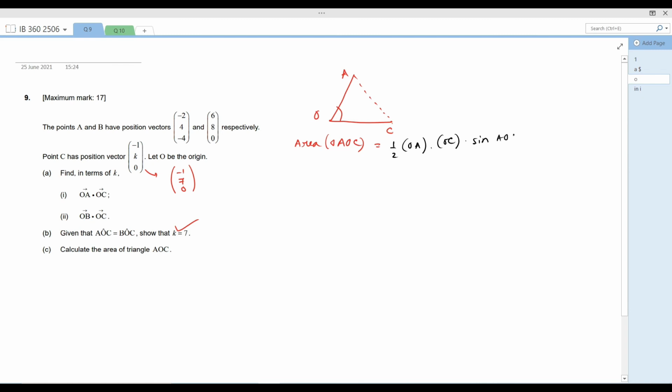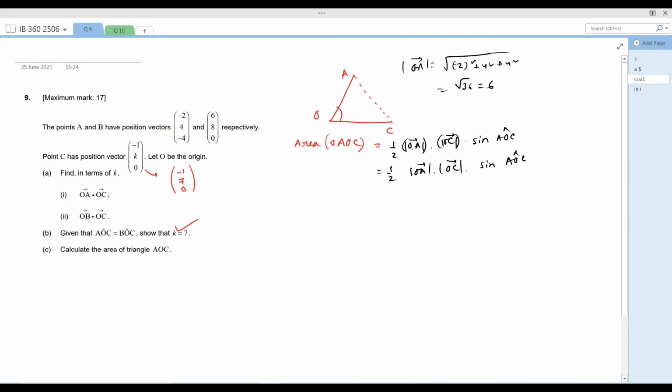Now these are the magnitudes, always remember these are the magnitudes or values we need to find out. So ultimately it is half mod OA into mod OC, then sine of angle AOC. Now for OA and OC we need to find out the value. So OA we have already calculated, that is root over (minus 2) whole square plus 4 square plus 4 square, and it was coming out to be root 36, equals 6.